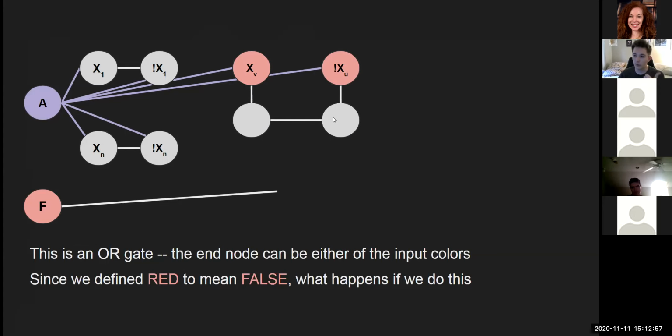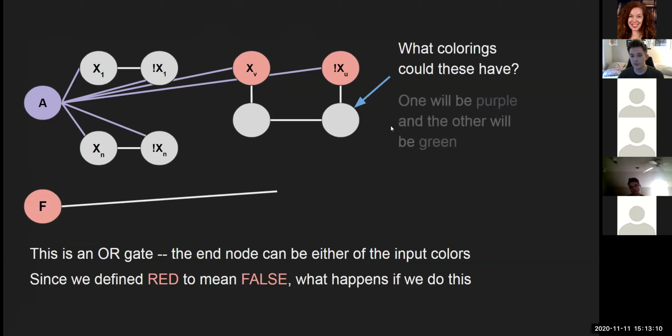So one will be purple, one will be green. We know that from how we've designed this problem. I said this one can be purple or green, and this one also can be purple or green, and that's it because it's connected to red. Like I said, one will be purple, one will be green. And now we're going to connect them together. And the question is, what color must this be if both of these are red?